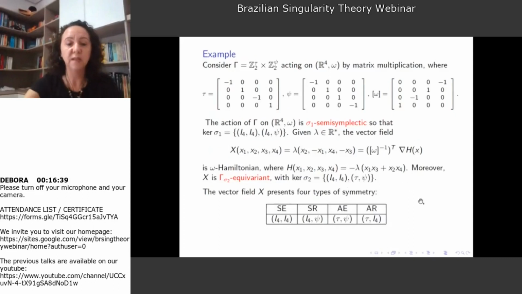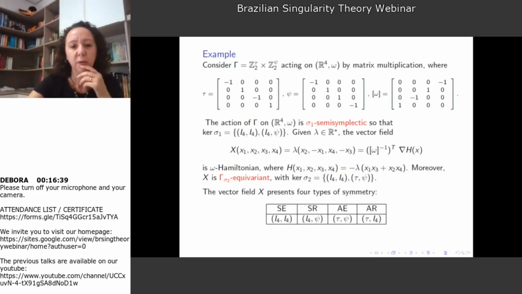So in this example, our group is the product of the group generated by the matrix tau, defined here, times Z2 psi, the group generated by the matrix psi, and this group acts on R4, where the matrix of omega is given in this way.